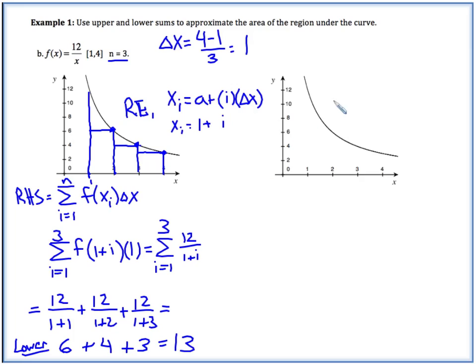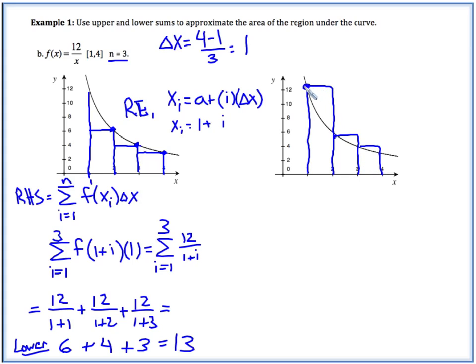Okay, so let's go ahead and find our upper sum now. So again, I always like to draw in, we'll use the same intervals as before. And now we want an upper sum, so we need circumscribed rectangles. So all my rectangles have to fall above the curve.